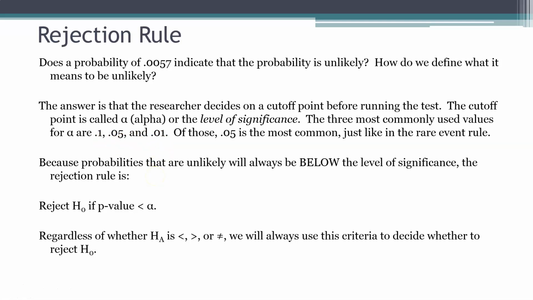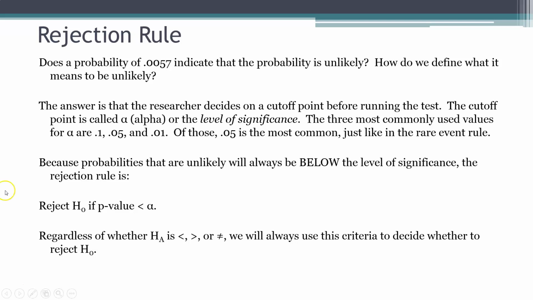So the rejection rule is always 100% of the time, reject H0 if the p-value is less than alpha, less than the level of significance. And this is regardless of whether the alternative hypothesis is less than, greater than, or not equal to. And I'll explain why in that next video.